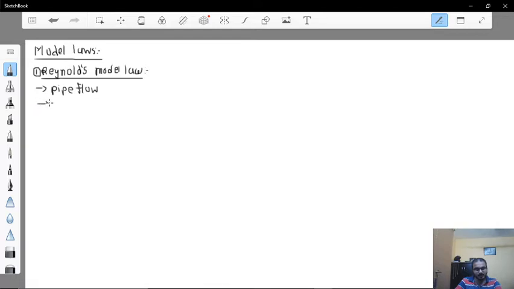and applicable for resistance experienced by submarines, airplanes, etc. Now in this case the Reynolds number will be same for models and prototypes.